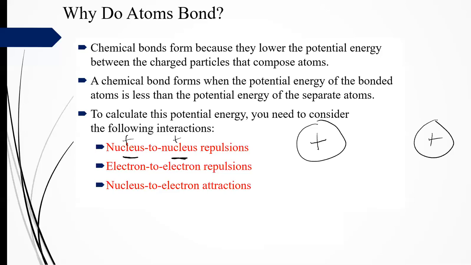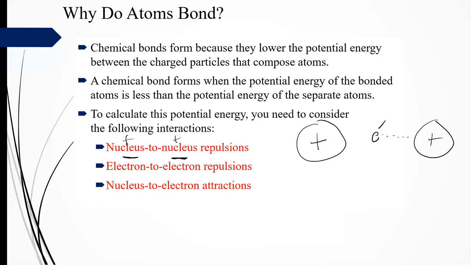But the benefit of why a bond might form, because so far there's been no attractive force pulling those two atoms together, is that there's an attraction between the nucleus and an electron. Because the nucleus is positive and the electron is negative, there's an attractive force that forms between them and holds that electron to that nucleus.